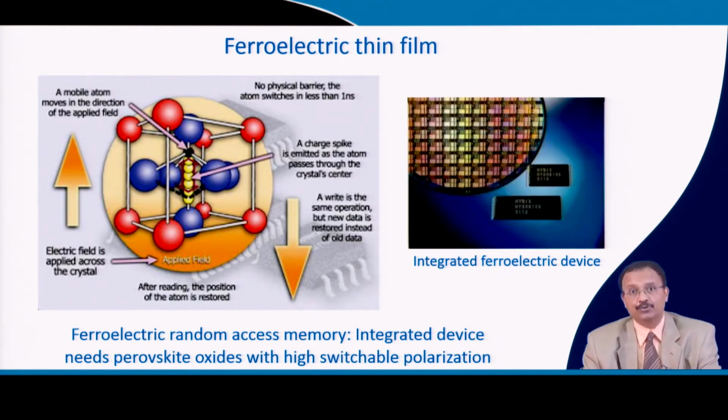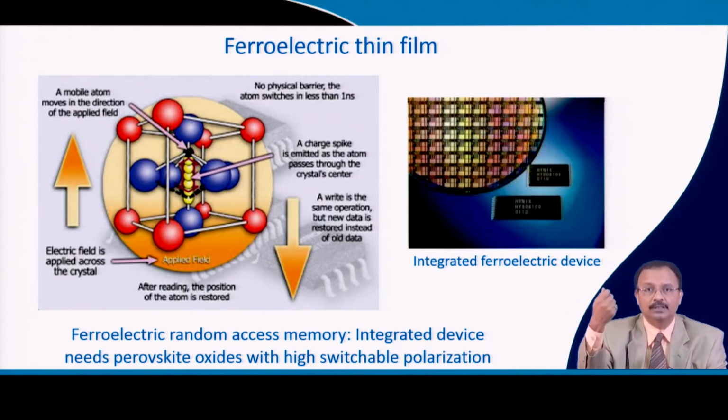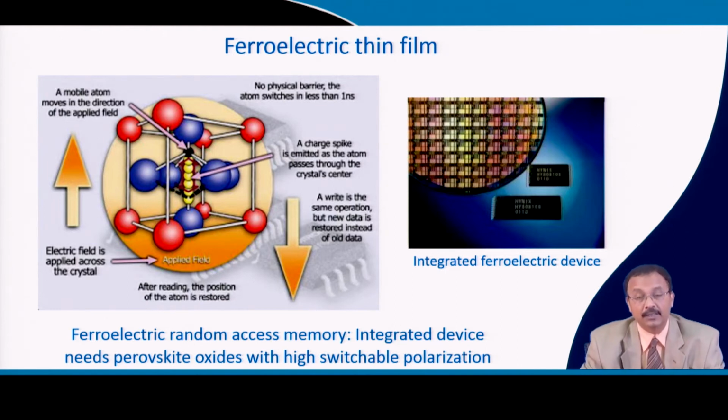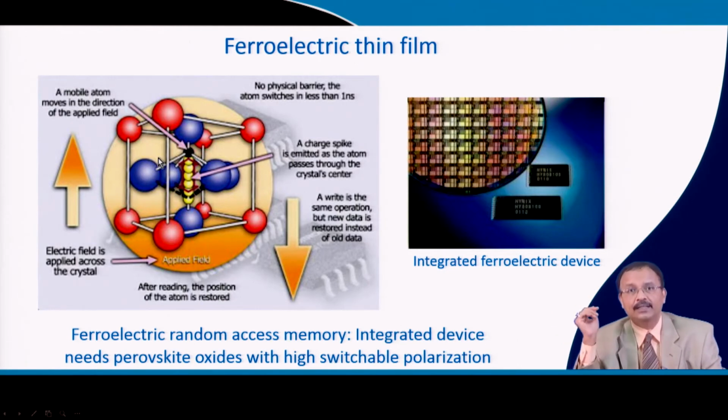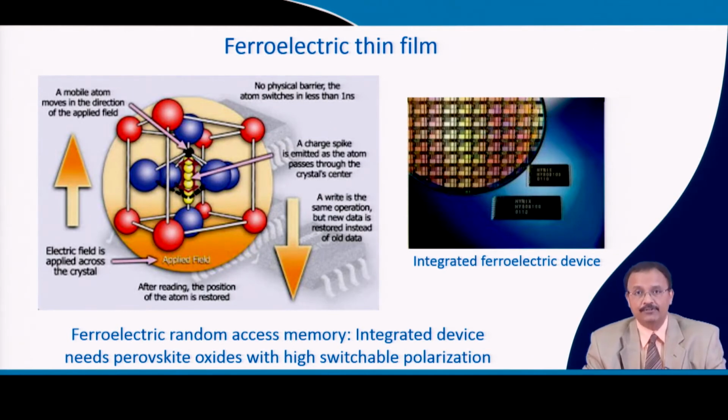So, it can be switched very fast, typically within 1 nanosecond it can move from one polarization direction to the other. So, one can make a very fast memory out of this ferroelectric material, unlike your magnetic memory, which is relatively slow.